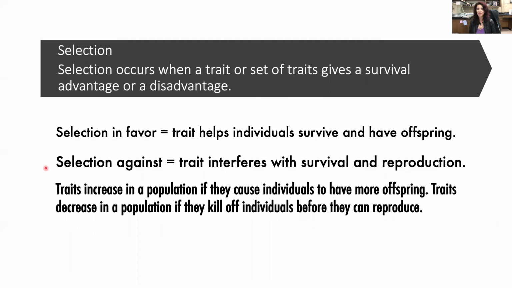We can also select against a trait, and that simply means that the trait is interfering with survival and reproduction. Traits increase in a population, typically, if they cause individuals to have more offspring. Traits decrease in a population if they kill off individuals before they can reproduce. So this is what we mean by selection. You can have a trait that is selected for or a trait that's selected against.